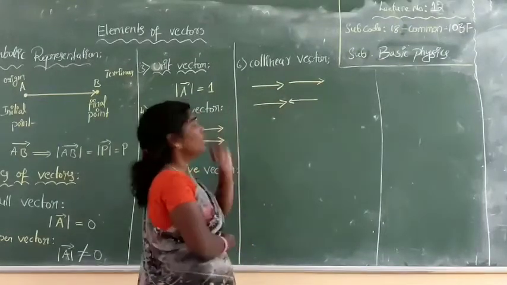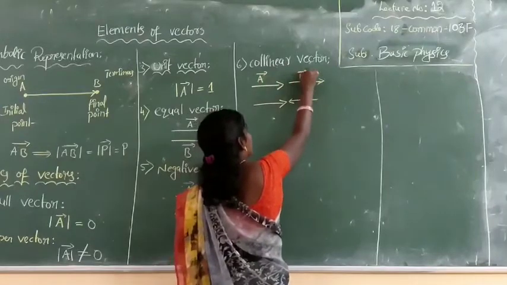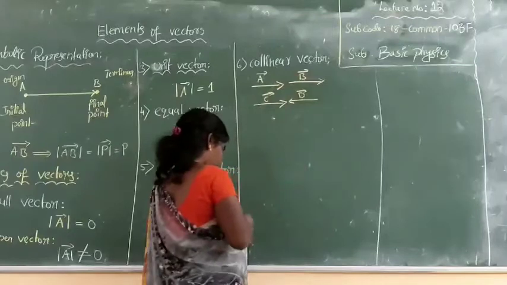It is called a collinear vector. A, B, C, D. These are the collinear vectors.